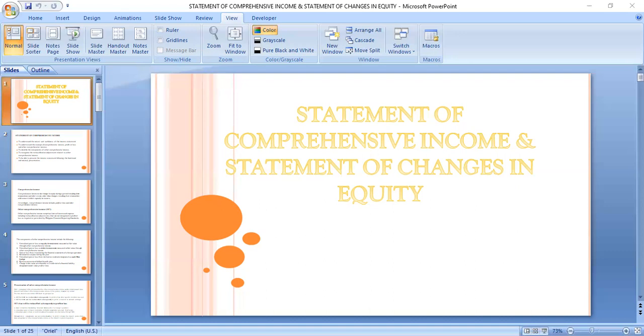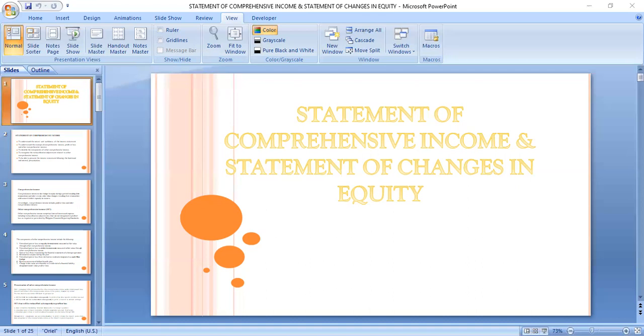OCI that will be reclassified subsequently to profit or loss includes gains or losses from translating financial statements of a foreign operation, unrealized gain or loss on derivative contracts designated as a cash flow hedge, and unrealized gain or loss on debt investment measured at fair value through other comprehensive income.